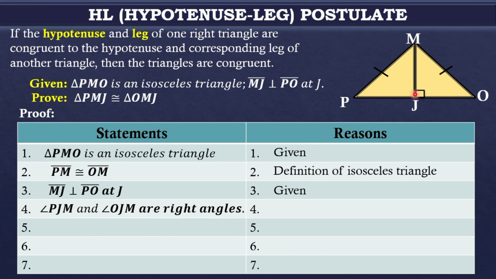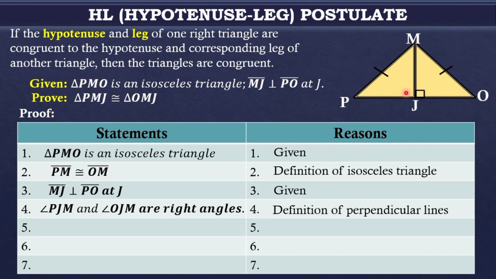Why? Because they are perpendicular. Based on the given, it is perpendicular here, so it will form two right angles. So, your reason here is definition of perpendicular lines.